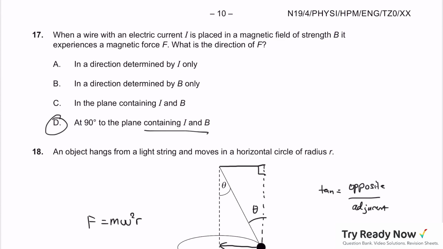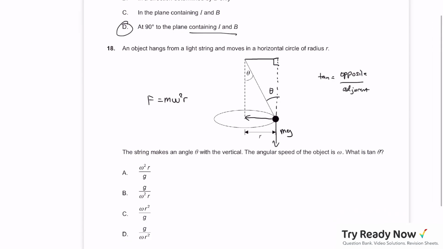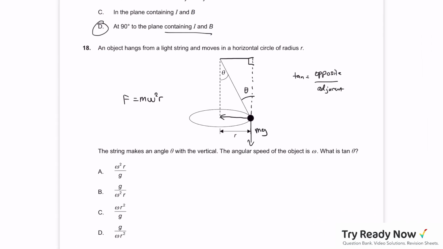Now moving on to question 18. Question 18 is a bit of a hard question. They present us with a diagram like this and ask us to find what tan theta is. But for some reason, the question doesn't really explain or give any hint on how to find tan theta. What tangent actually means is the ratio of the opposite and adjacent sides of a right angle triangle.